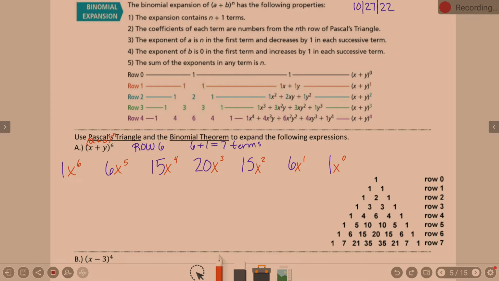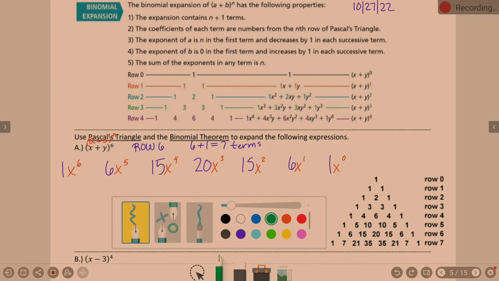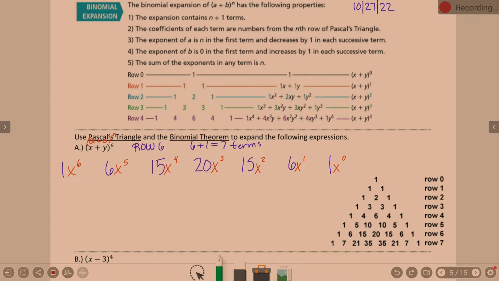Now, point 4. Now we're going to take the other one, which is the B term, which in this case, B is y for me. And now, instead of decreasing, we're going to increase. So this time, we're going to start at 0, and we're going to increase and end up with y to the 6th at the end. Okay, so this is why I left the gap.